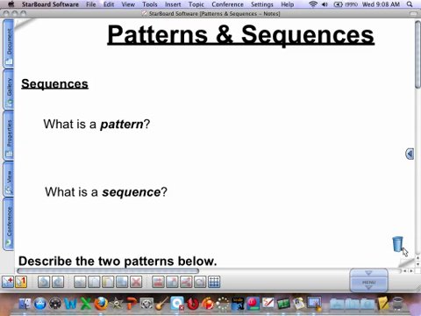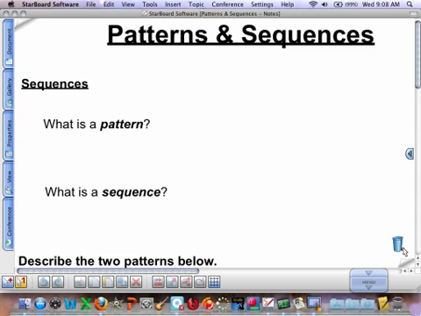Alright, so guys, what is a pattern? Let me ask you this first. What's a sequence? A pattern is a sequence. So what is a sequence?